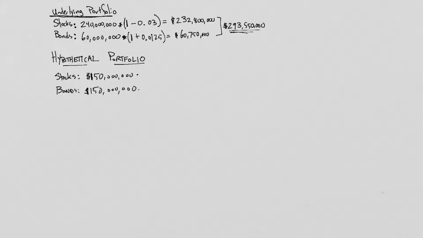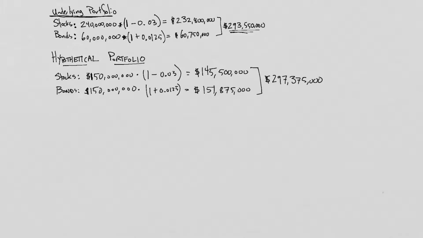And under the same scenario, if subsequently stocks fell by 3% and bonds rose by 1.25%, then the value of these two positions together now equals a loss of about $2.75 million, but not as big of a loss because we had reduced our equity exposure, and equities are what dropped the most.